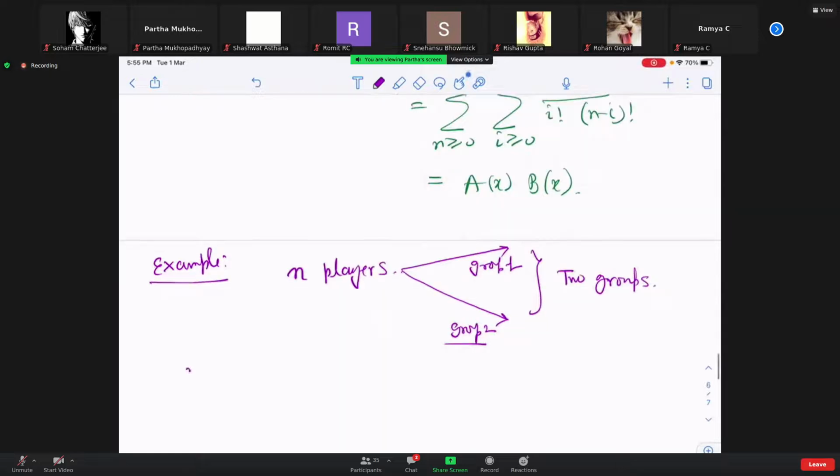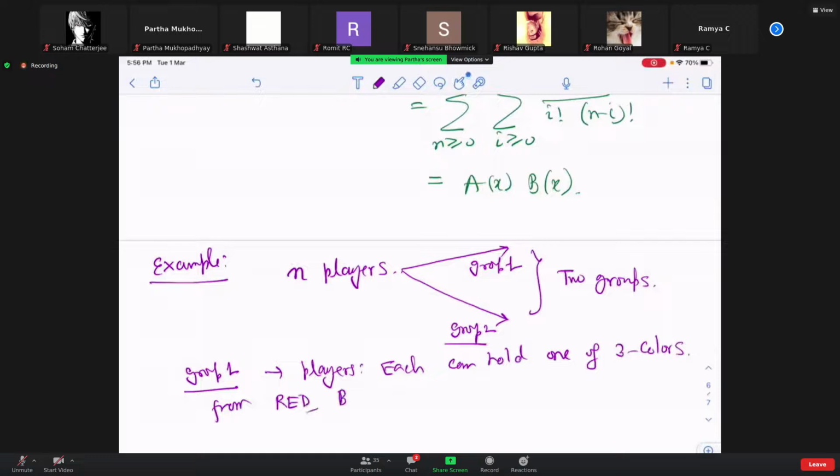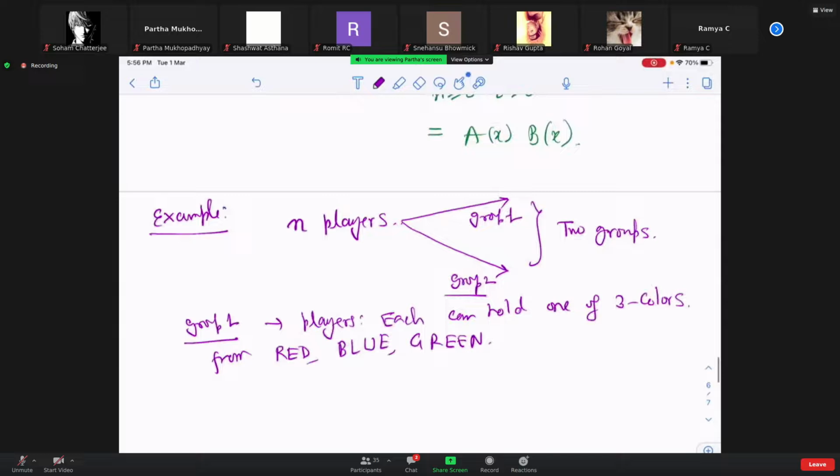Group 1 players each can hold one of 3 colors, and group 2 only uses red. You can think of this as the color of the uniform.